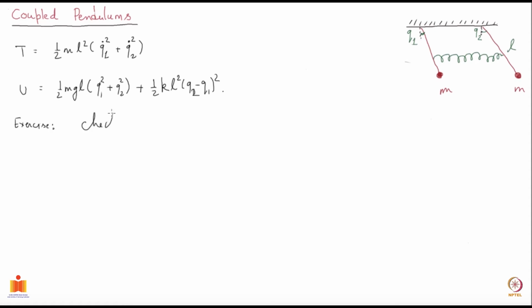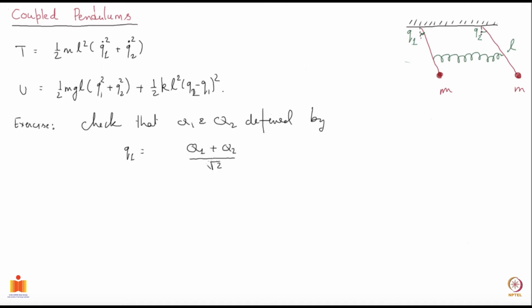Check that Q1 and Q2 defined by the following relations. This is guesswork and it works. What you can guess is the following. I define capital Q1 to be q1 plus q2 over square root of 2.